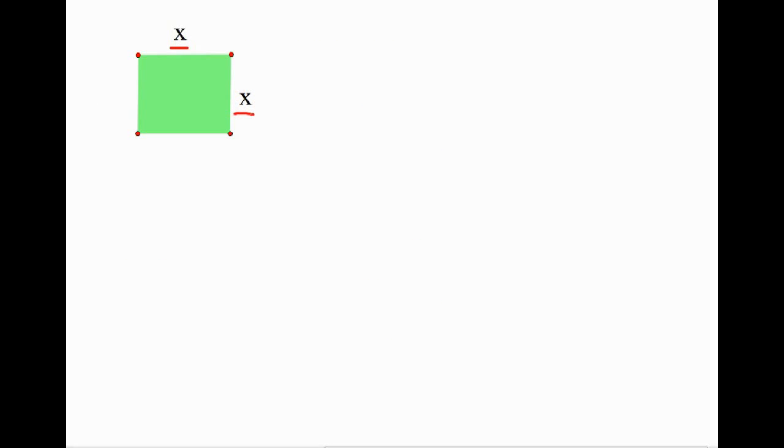To calculate the area of the square, we would multiply length times width. So we would multiply x times x, and since I'm multiplying the same value twice, we can write that as x to the power of 2. So if the length of a square is x, the area is x to the power of 2, or x squared.